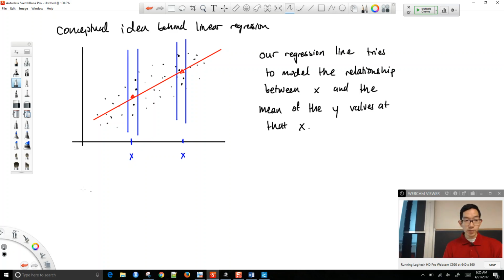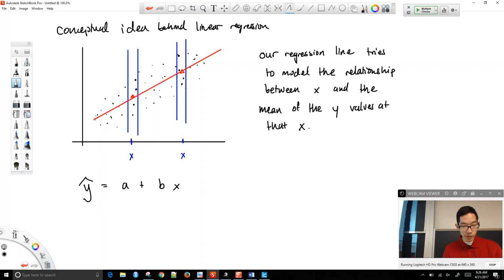That's why we've got y hat, because this regression line, y hat equals a plus bx, is the relationship between x and y hat, our prediction.